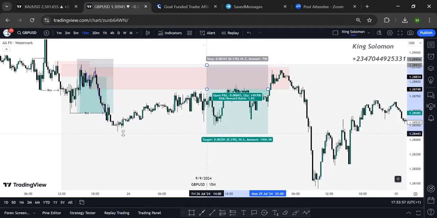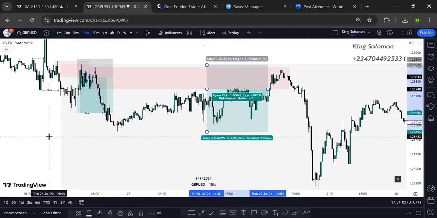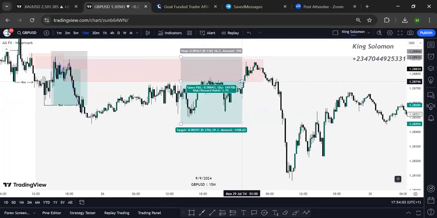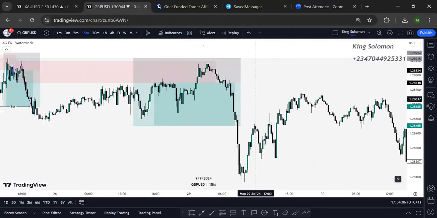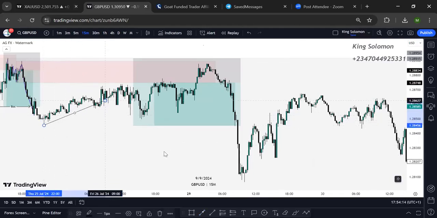And your SL at the sell side liquidity. So price did what? Price also cleared this and hit the TP, causing another break of structure to the downside, right?